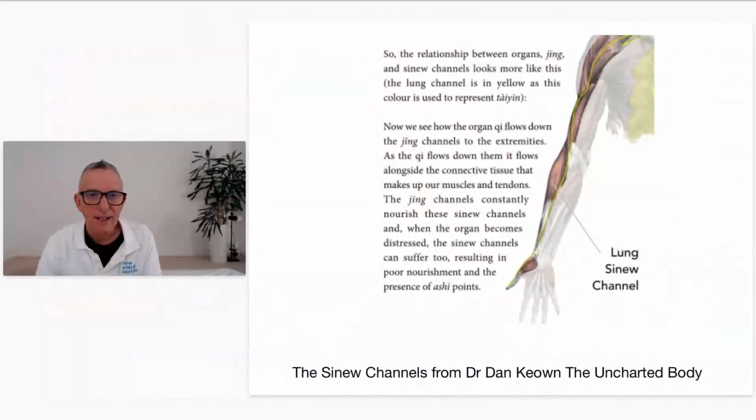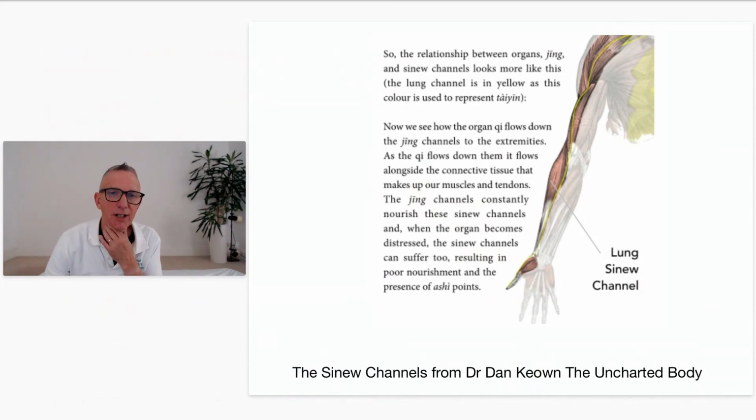So in other words, if you've got an obstruction here, you might get an archie point, a local sore point that obstructs the muscles because of that connection outwards from the jing channel out into the sinew channel. Okay, so there we are.